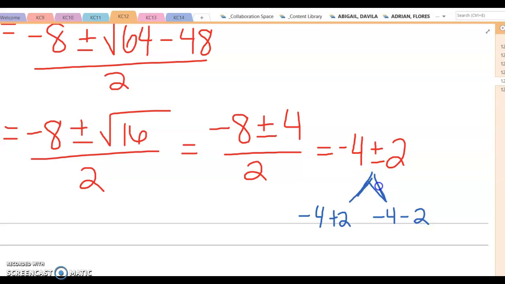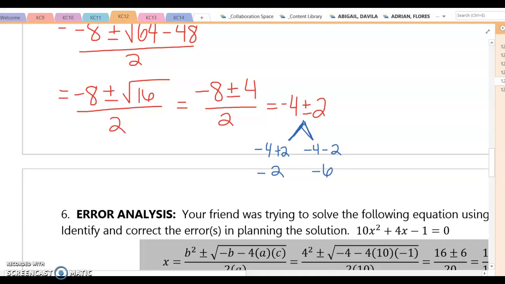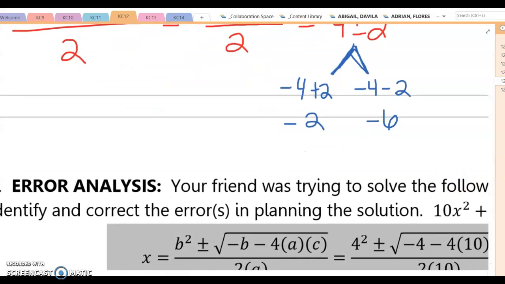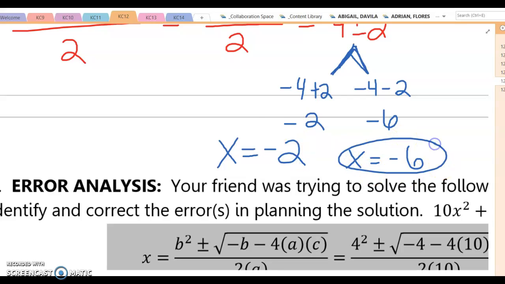It's that plus or minus that we're splitting up here. So -4 plus 2 is -2, and -4 minus 2 is -6. So that gives us our answers. With this, we know that x equals -2 and x equals -6 for our solution.